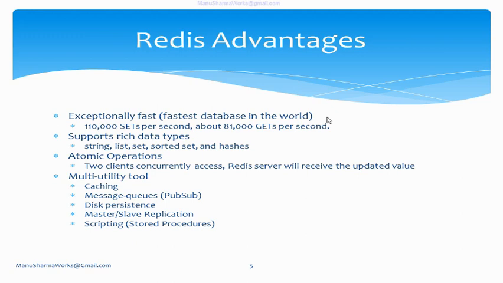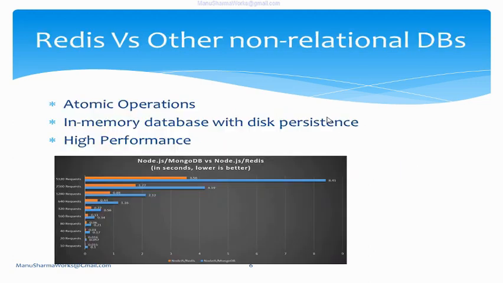As I told, it has disk persistence capability, which is an added advantage in comparison to other caching databases. It has master slave replication, so data is saved across different slaves, and the slaves have the same replica. And most importantly, we can write scripts on the database, similar to the stored procedures that we use in other relational databases.